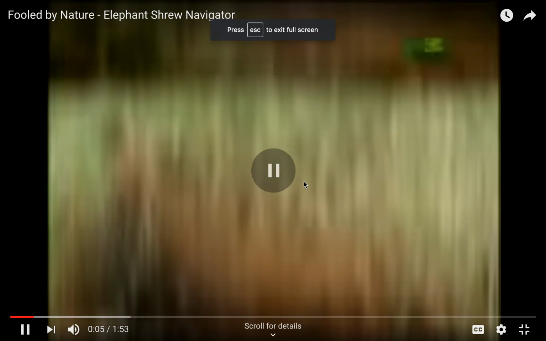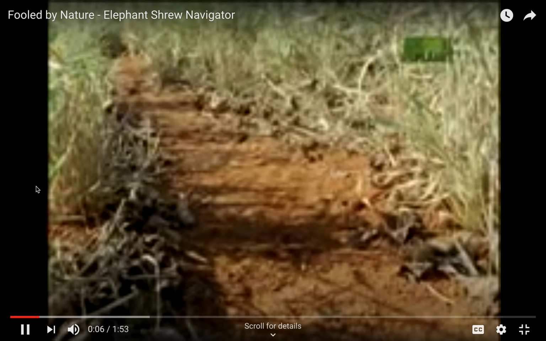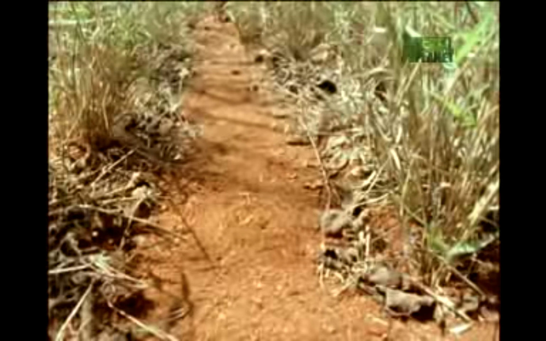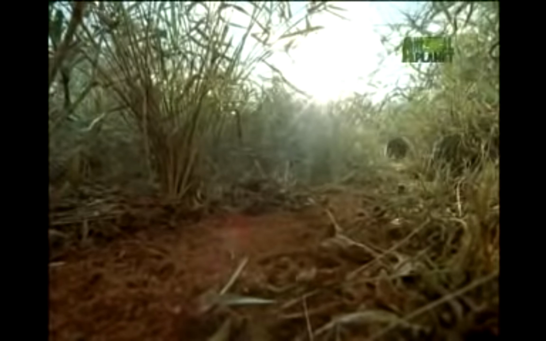Down at ground level, in the thick grass of this East African scrub is a hidden network of trails. They are carefully maintained, kept free of twigs and other debris, for a very good reason. These paths are escape routes for a small animal that often needs to run for its life.